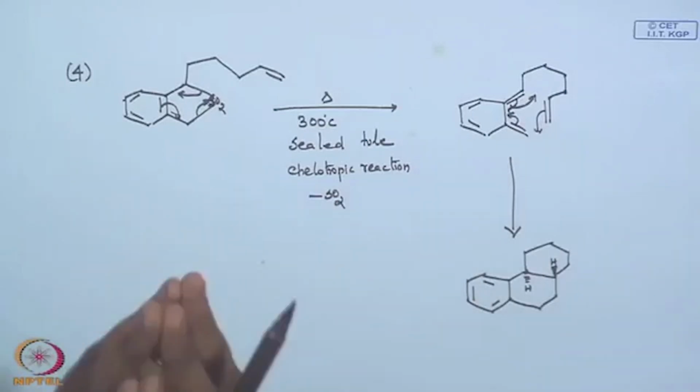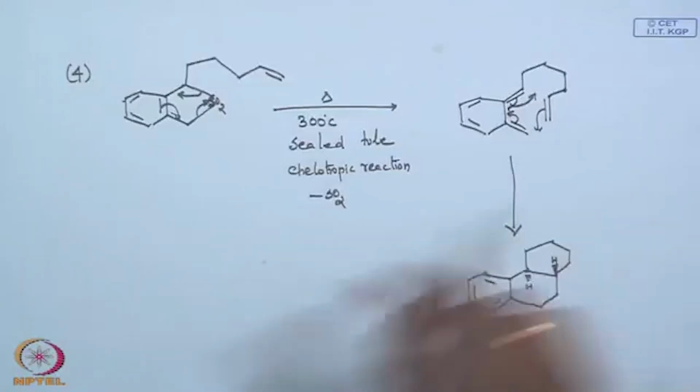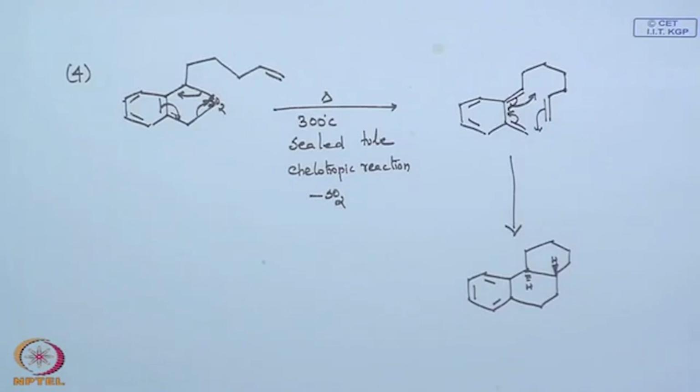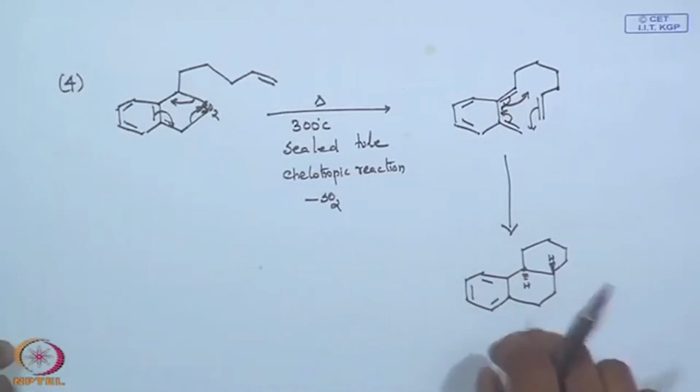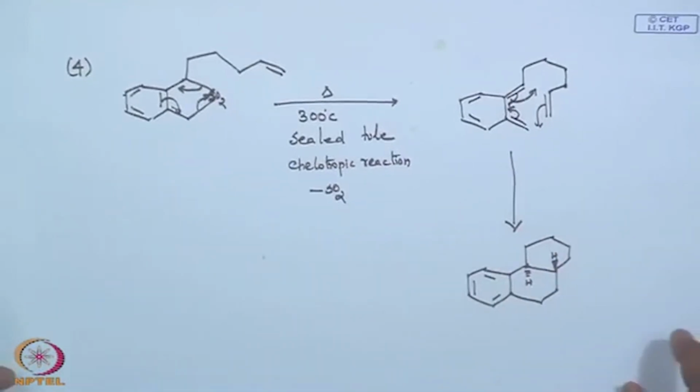In this case, you can do an intramolecular Diels-Alder reaction and construct your ring system. So that's how this type of reactions are really useful. I will show the same construction of rings, even A, B, C, D type of rings. We will see another example where we can do that.